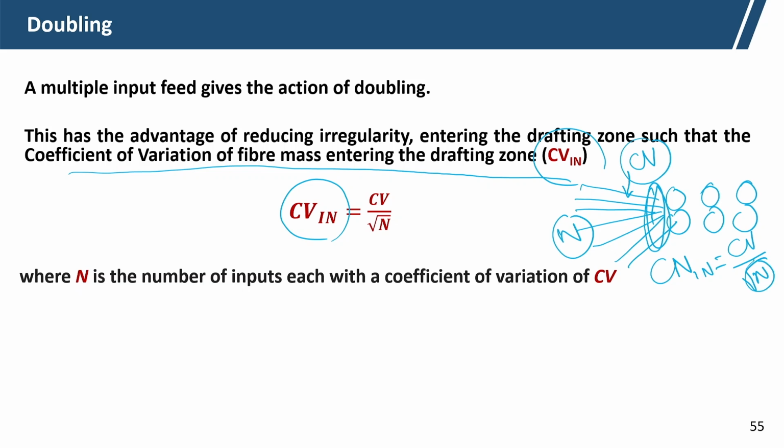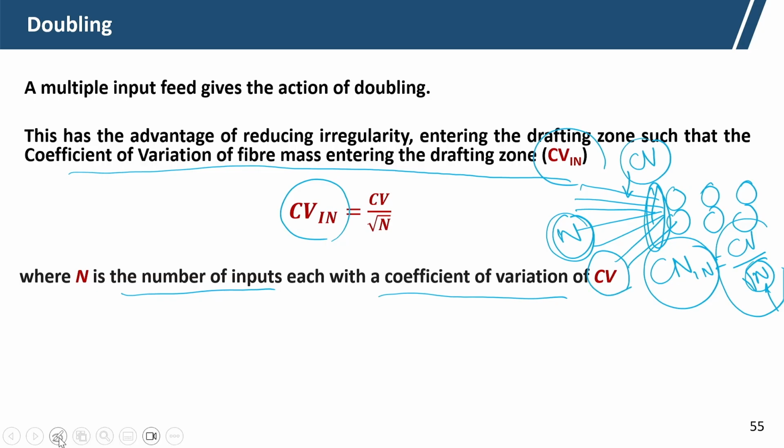That means if the number of input slivers increases, the input sliver total CV will be reduced. So, n number of inputs, maybe in sliver form or in other form, with the coefficient of variation CV of individual sliver.